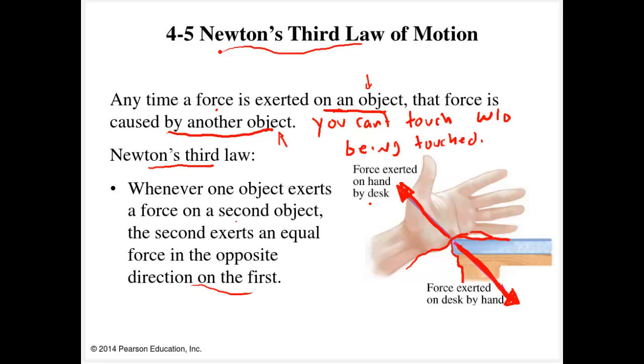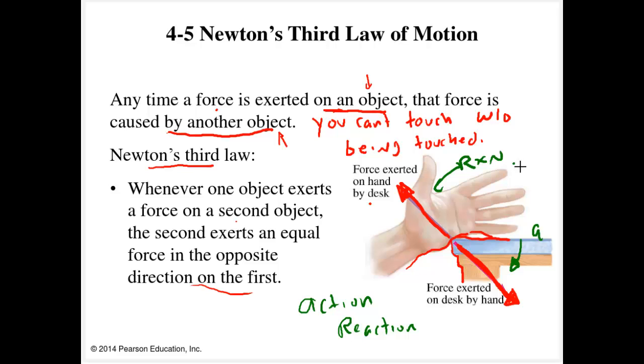This is fairly simple to state, but identifying these pairs of forces, these action-reaction forces, is sometimes difficult. This would be the action force, and this would be the reaction force.